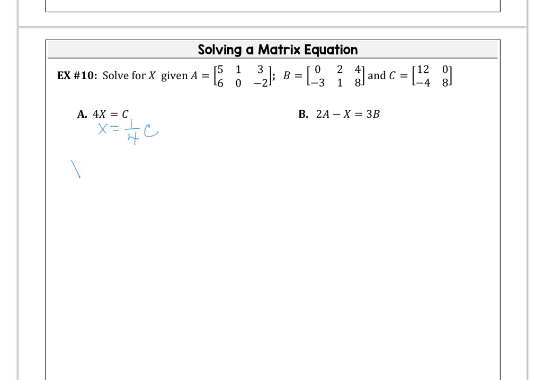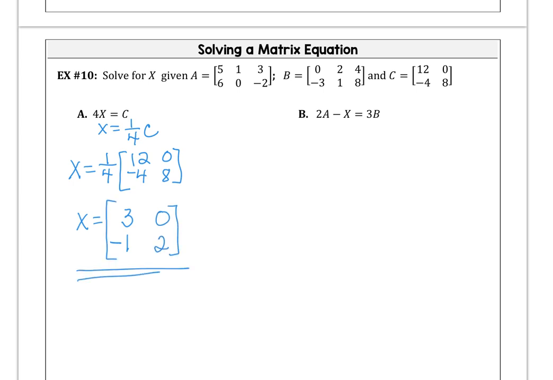So we could find x by doing scalar multiplication on the elements in matrix C. 1/4 of 12 is 3, 1/4 of 0 is still 0, 1/4 of -4 is -1, and 1/4 of 8 is 2. So we solved that matrix equation.